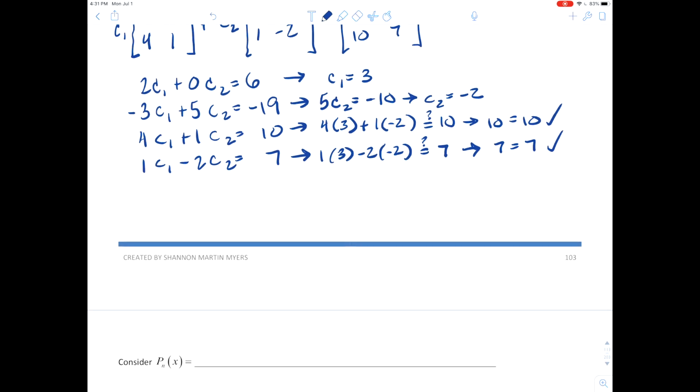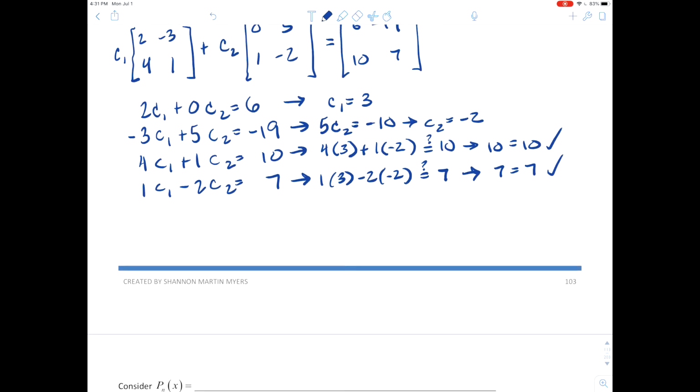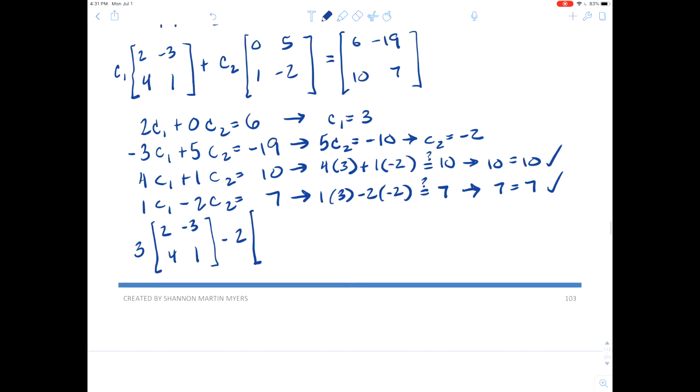So what did we find out? We found out that 3 times (2, negative 3, 4, 1) minus 2 times (0, 5, 1, negative 2) equals (6, negative 19, 10, 7).